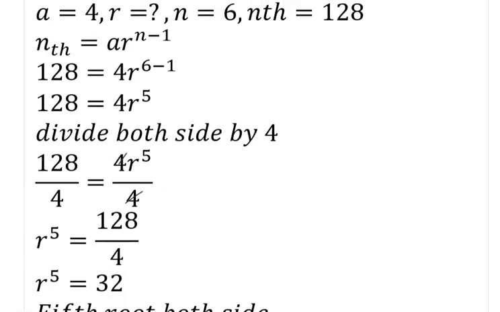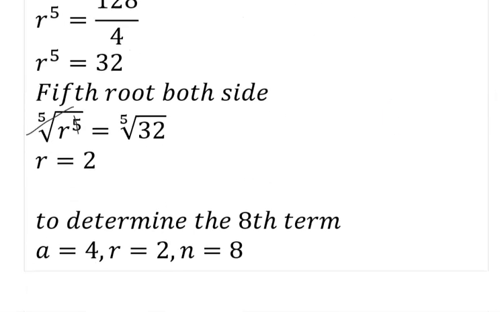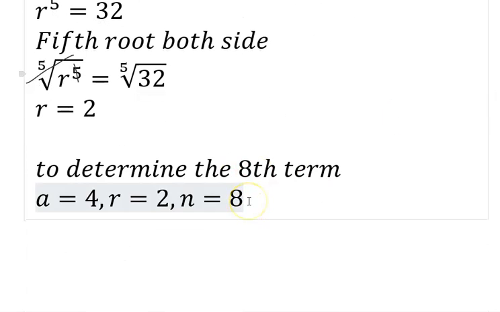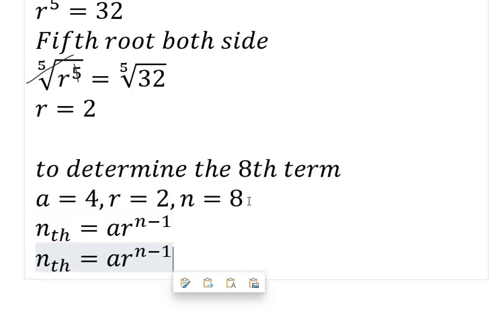So let's bring down our formula. Beautiful. So now we know our n to be what? 8. We know our r to be what? 2. We know our a to be what? 4. Beautiful.